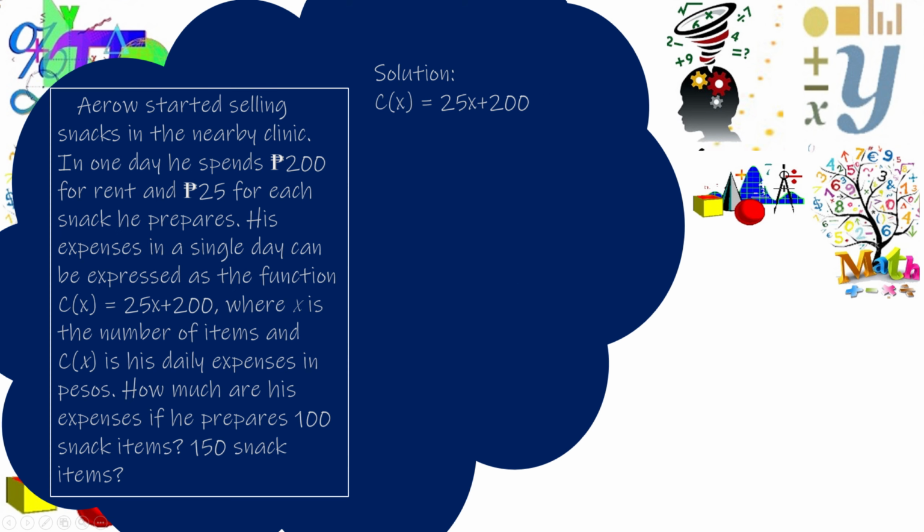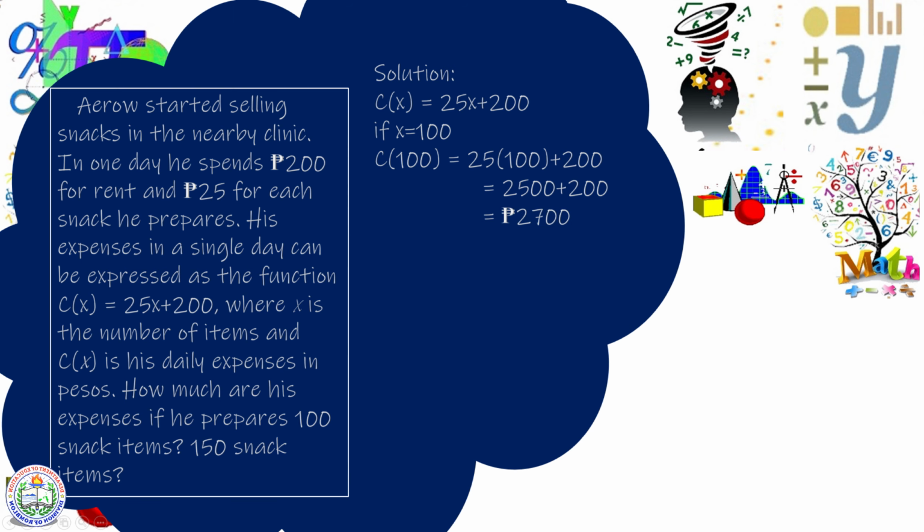C of x equals 25x plus 200. If x equals 100, c of 100 equals 25 times the quantity of 100, plus 200. 25 times 100 is 2,500 plus 200. C of 100 equals 2,700 pesos. How about if he prepares 150 snack items?